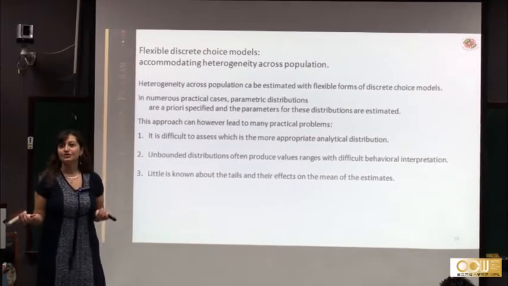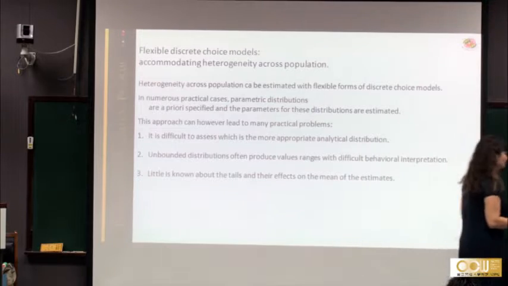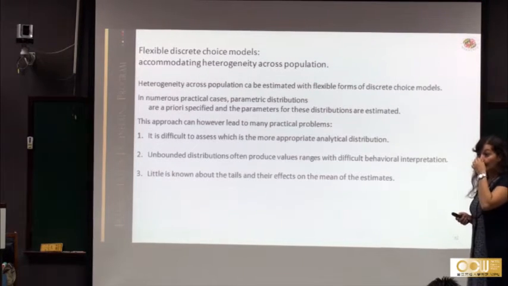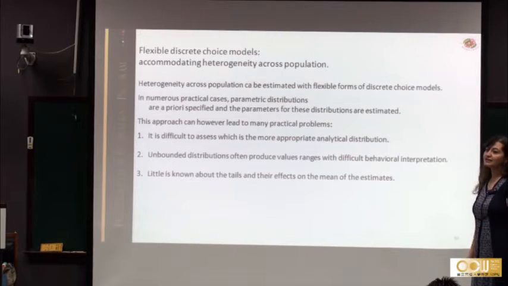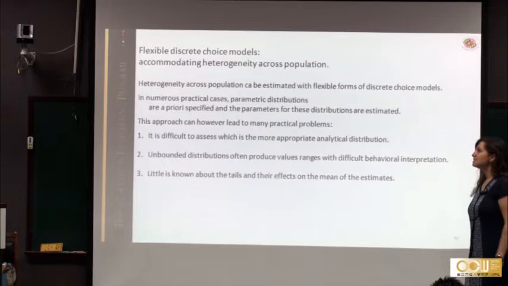All right, any questions on this? Questions on the way I organize data? Question: would it be possible to include both socioeconomic interaction and random taste variation in the mixed logit? Yeah, you can do it, but does it make sense?